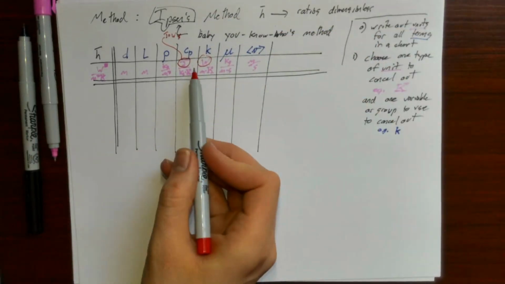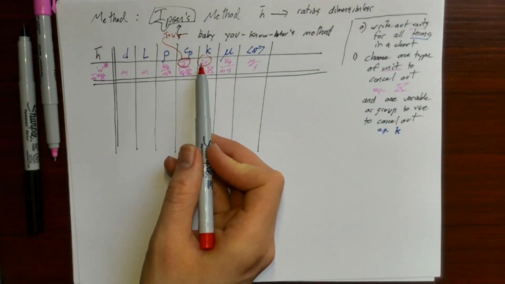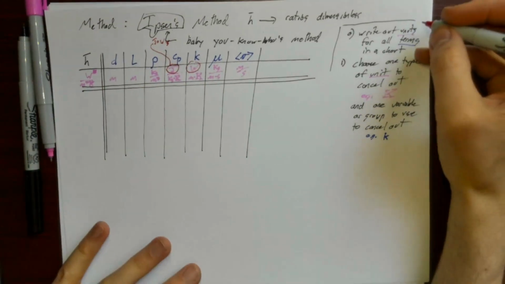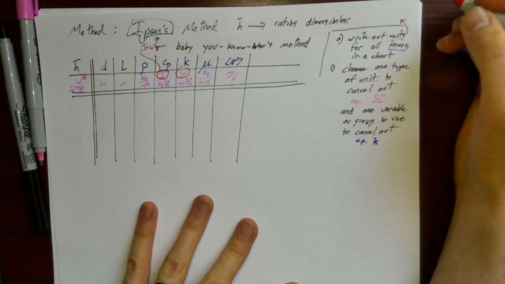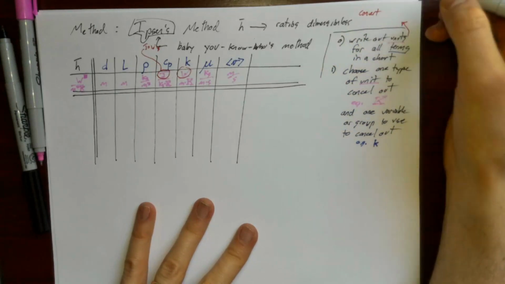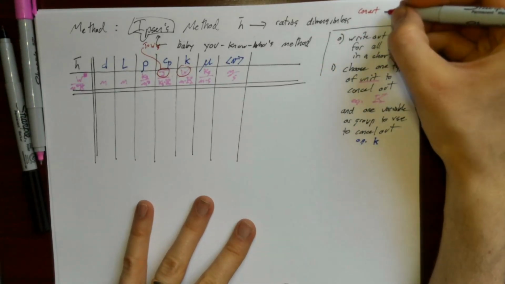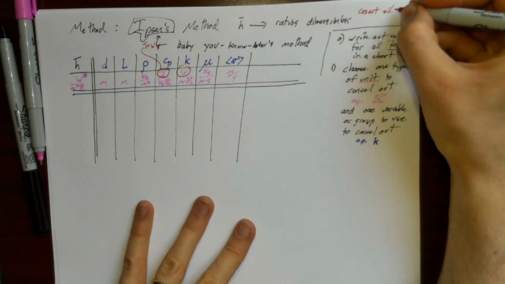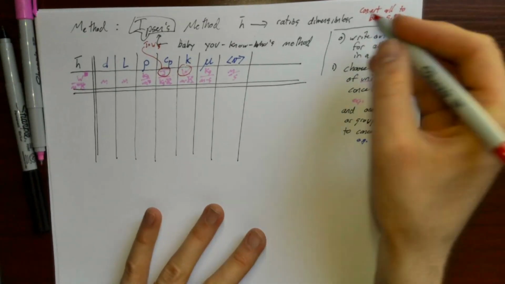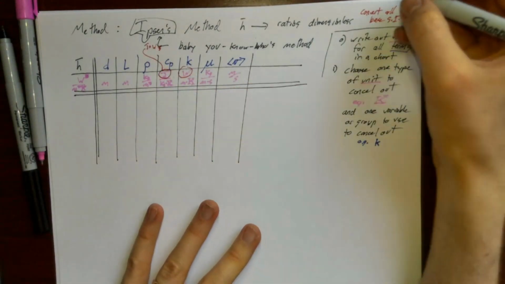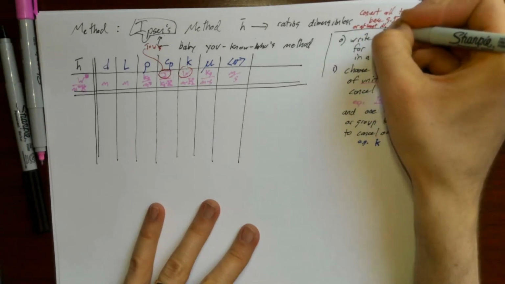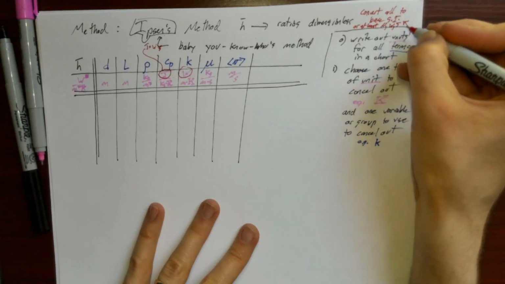So if some of your things have joules and some have watts, you might want to convert. First, you need to convert all of them to the same type of thing, so write out units and convert. You could convert everything all the way to base SI units, or at least get things like newtons, watts, and joules all on the same page.